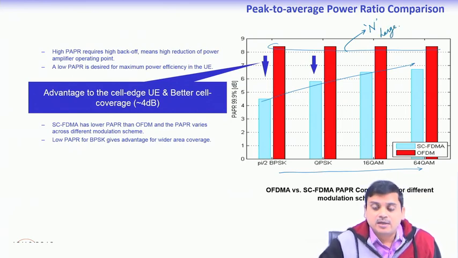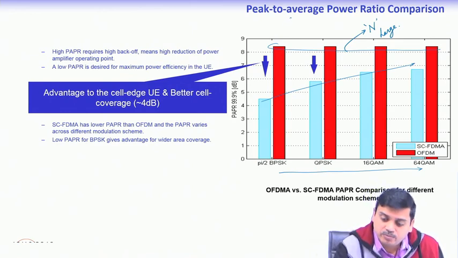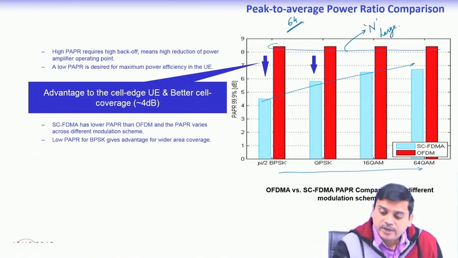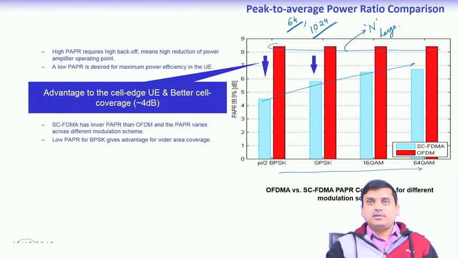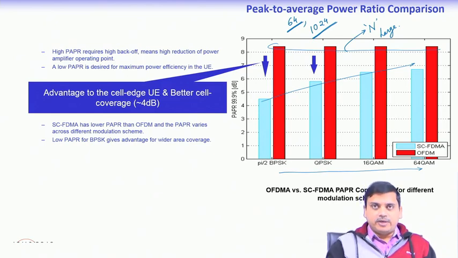Wi-Fi uses a very small number, 64, which is also not small. If you look at LTE, the number is around 1024. If you go for the 5th generation, the number is even larger. But there are other mechanisms by which one can think of effectively or practically having a lower PAPR.